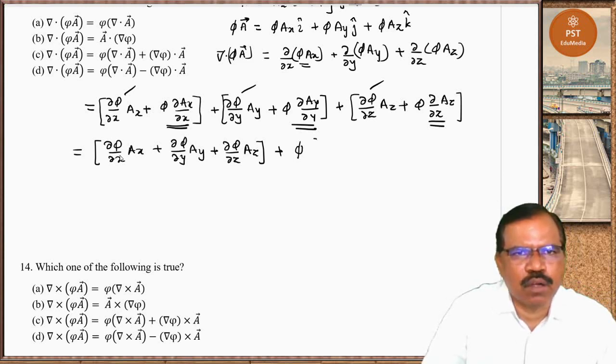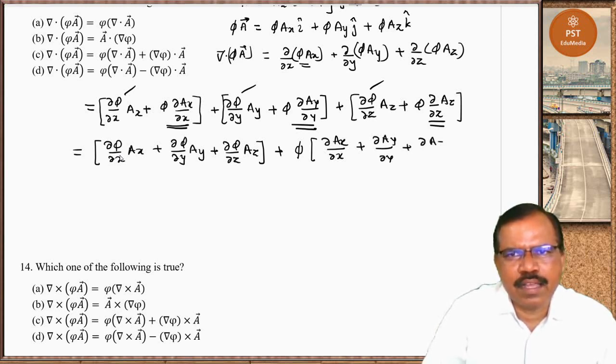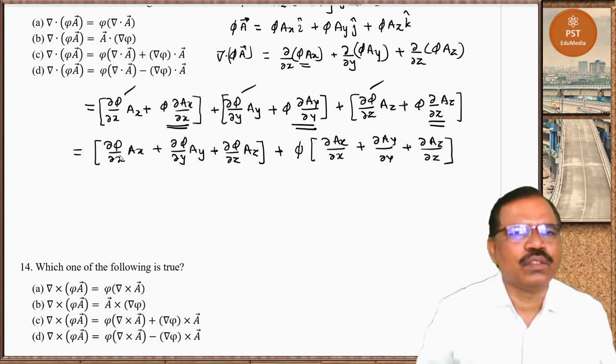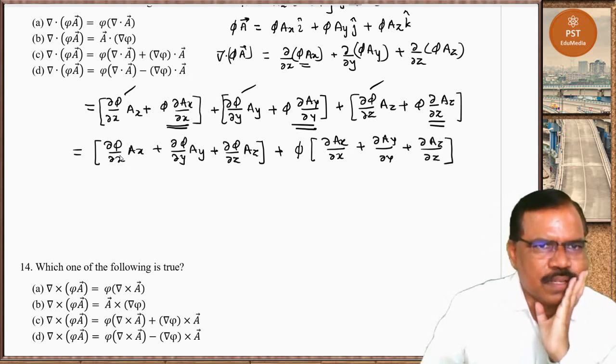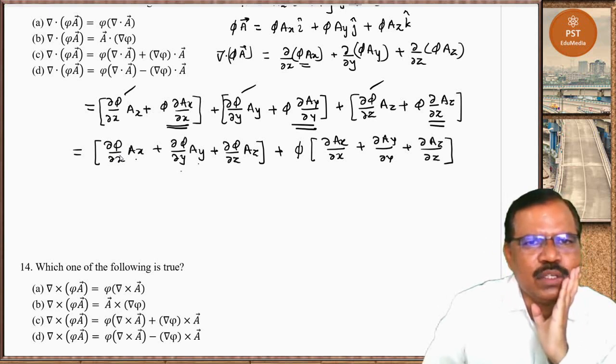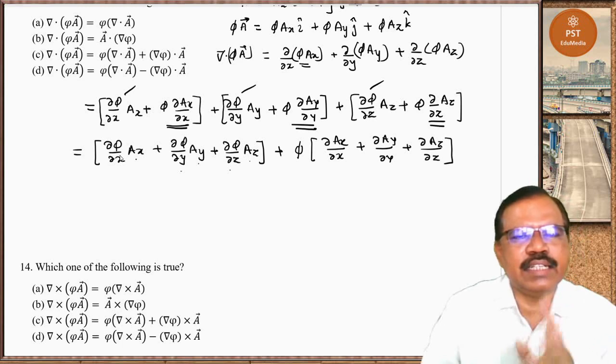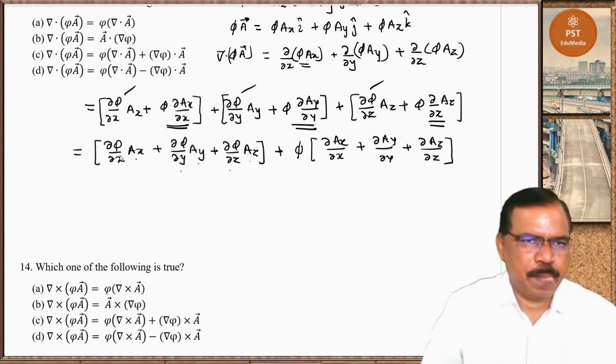Phi is common. So you can take in bracket ∂a_x/∂x plus ∂a_y/∂y plus ∂a_z/∂z. So this is it. Now see here, ∂phi/∂x into a_x, ∂phi/∂y into a_y, ∂phi/∂z into a_z; a_x, a_y, a_z are components of vector a.